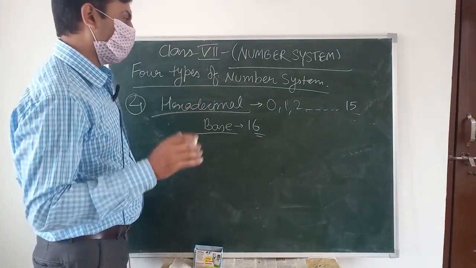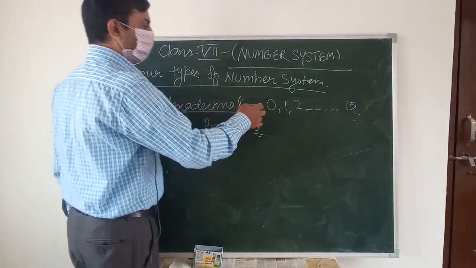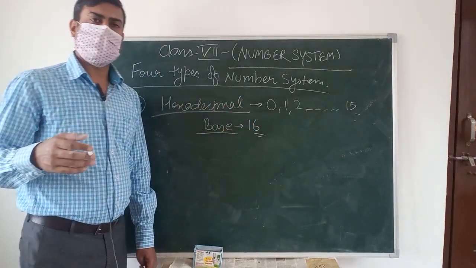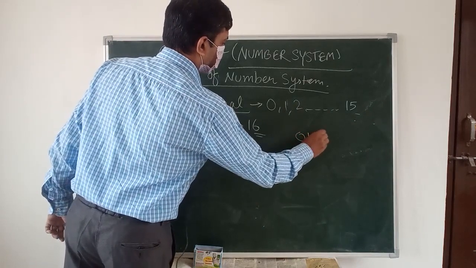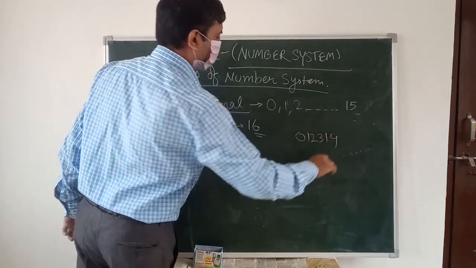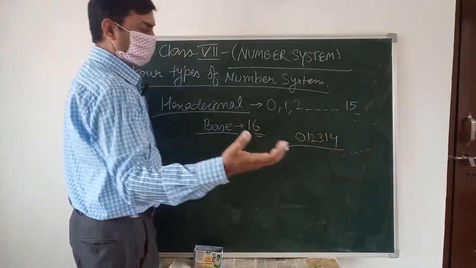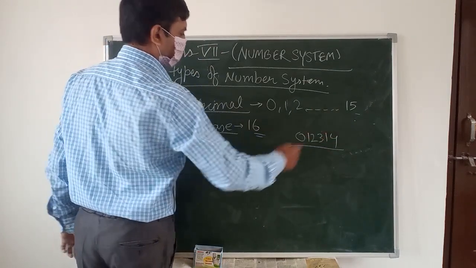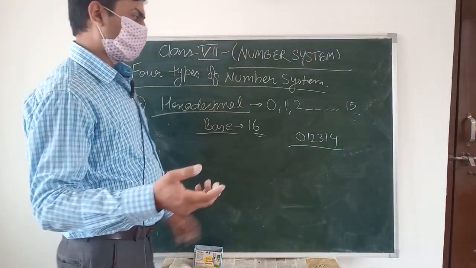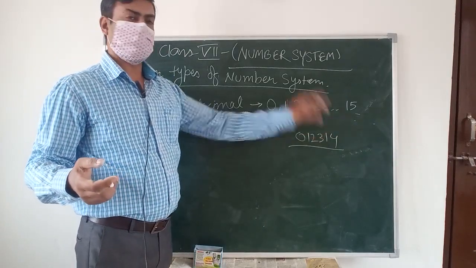So one problem is there. Up to 0 to 9 it is okay. But when you are writing any number 0, 1, 2, 3, 1, 4, somebody may read this as 0, 12, 3, 14. And somebody may write 0, 1, 2, 3, 1, 4.